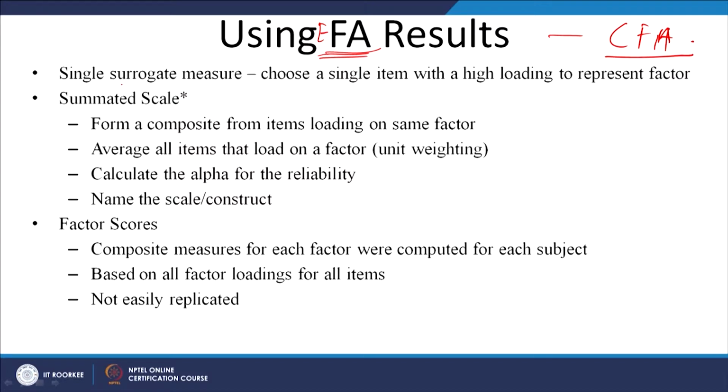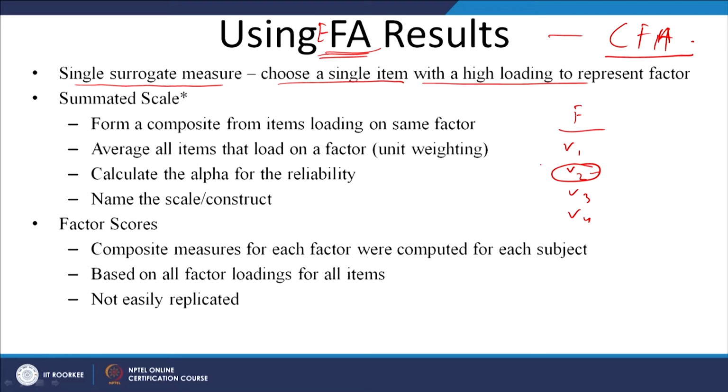First of all, you can select a single surrogate measure. What does it mean? Choose a single item with a high loading to represent the factor. Suppose in a factor there were 4 variables. One of the variables, let us say V2, has a very high loading with this factor.